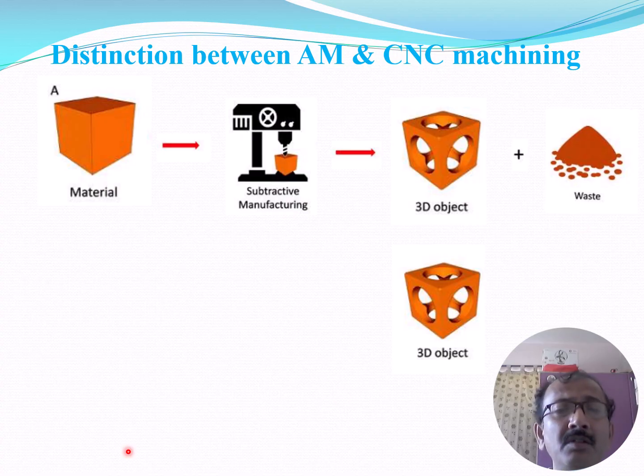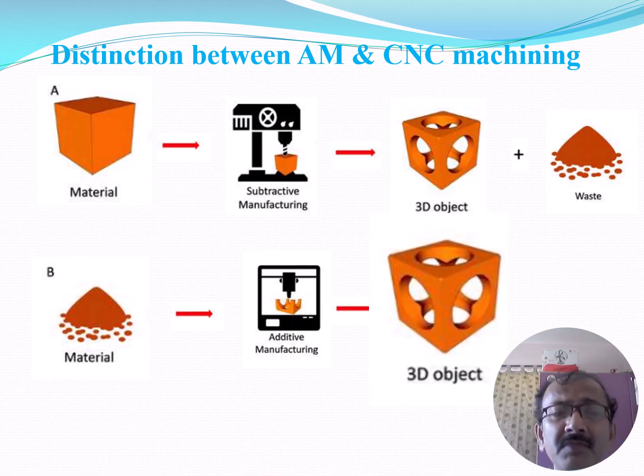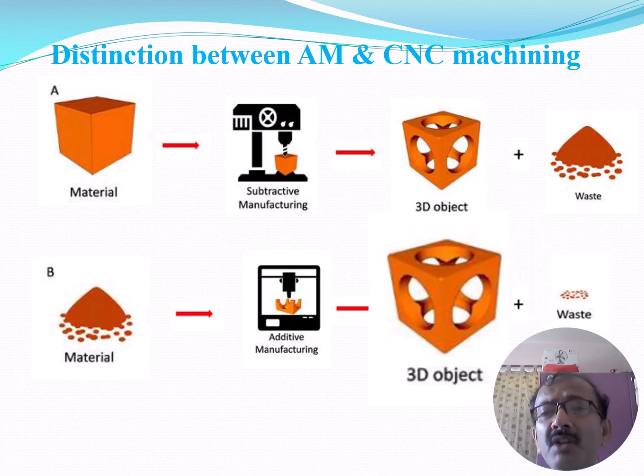This is figure A, and this is figure B, where after additive manufacturing, that means the addition of the material, we are finally getting the 3D product. So material waste is very minimum.